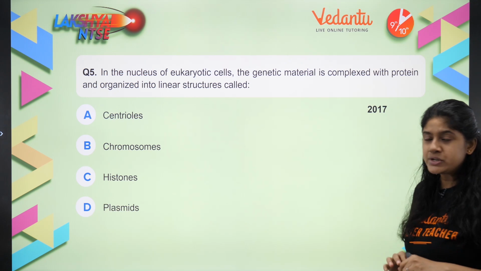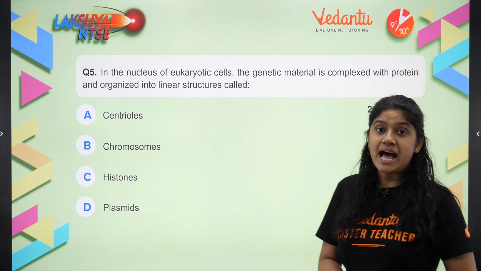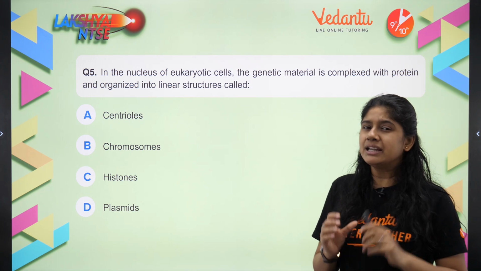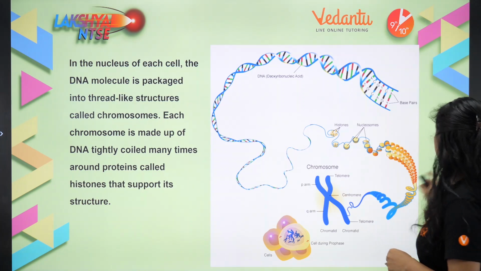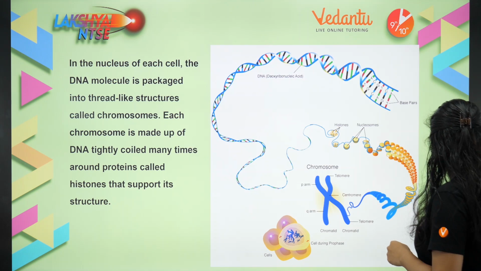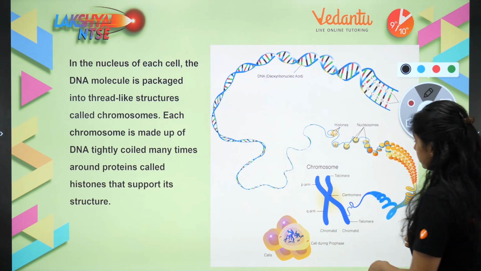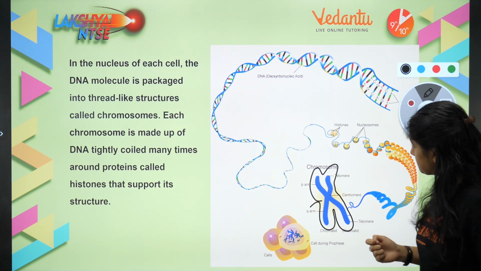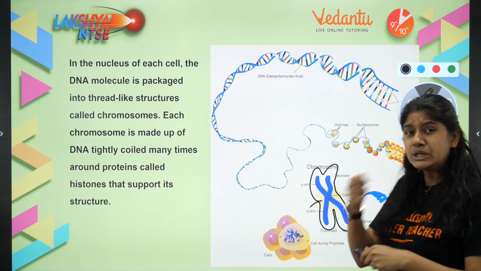And the options are centriole, chromosome, histones and plasmids. Out of these four, which option is completely apt for it? Let's discuss this question. Now, the thing that we were saying is that we have this particular chromosome. This is basically completely tangled, or we can say completely twisted.